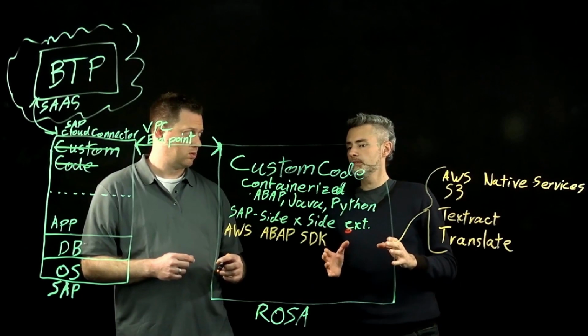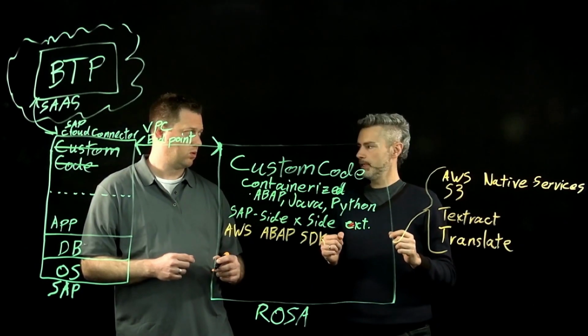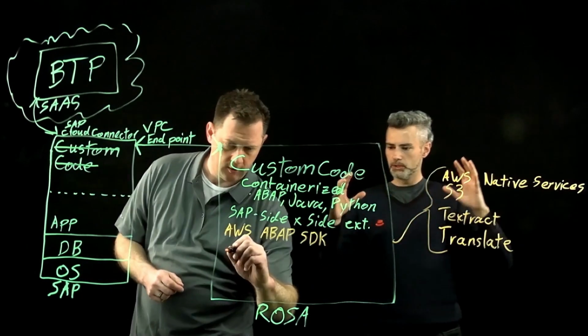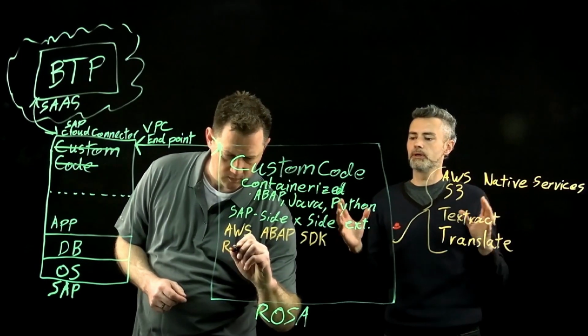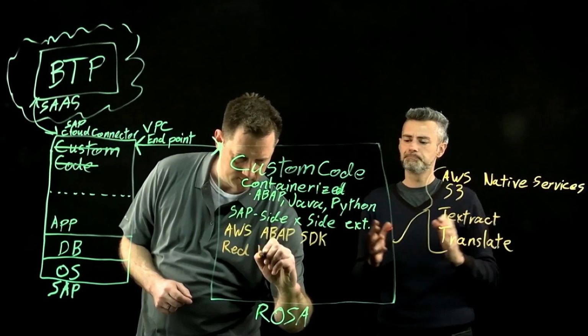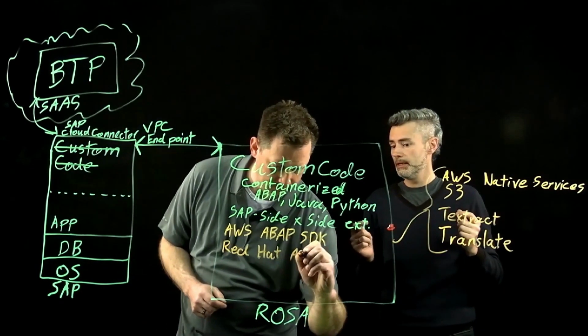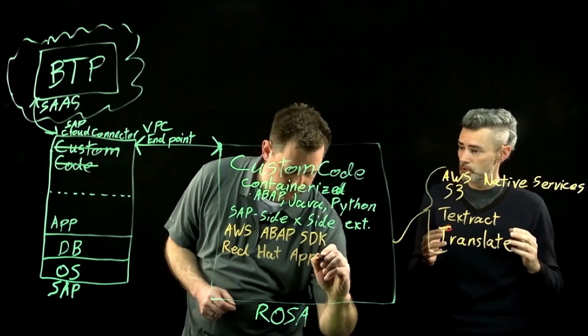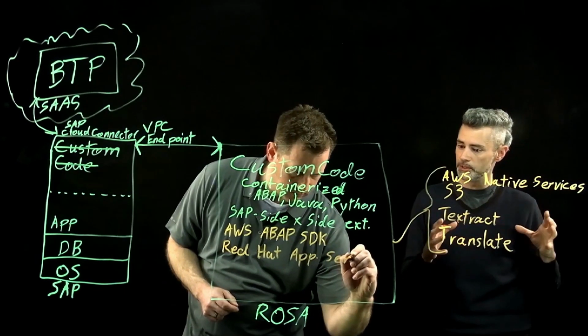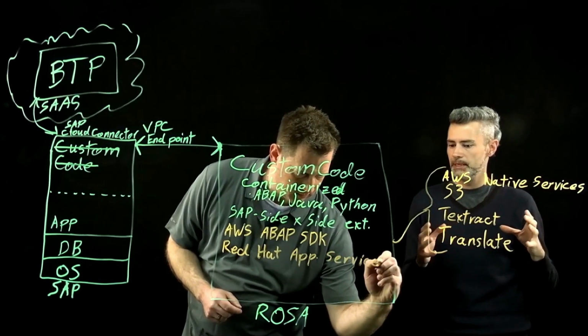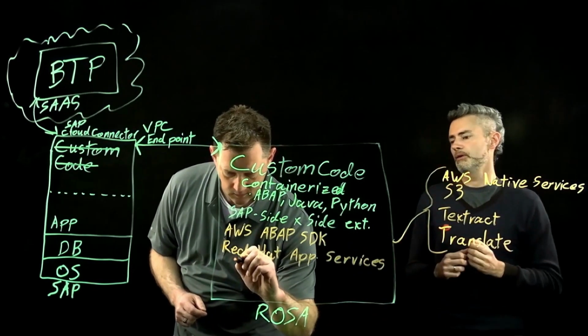So in order to do this, we have Red Hat Application Services, which has different components. It's a big solution. And one of the components, for example, is Red Hat Runtimes. That gives the developers runtimes for many of the most used languages, right?